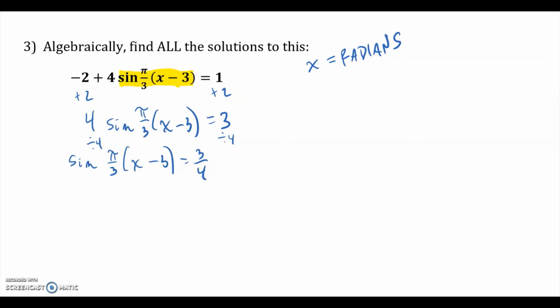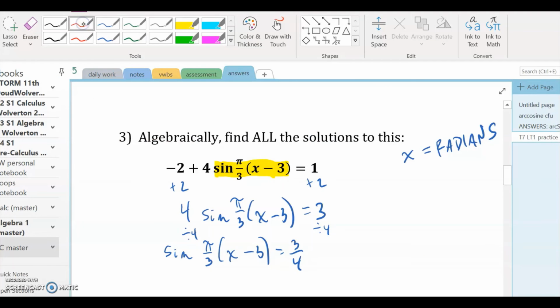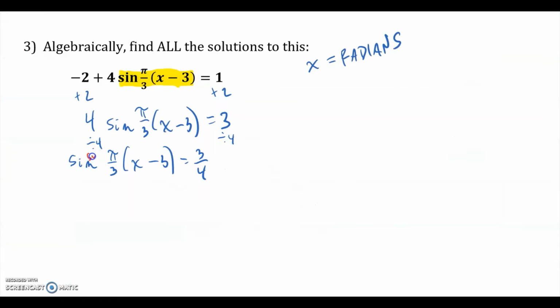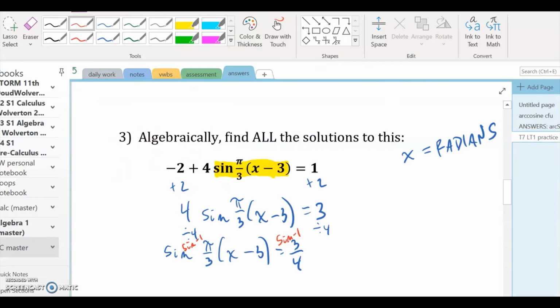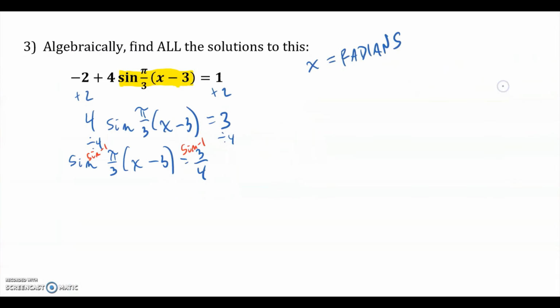Now is the moment where we inverse sine. That's when we get rid of that. So then what I'm left with is all the pieces on the inside here. Pi over 3 times x minus 3 equals, in radians, 0.8481.